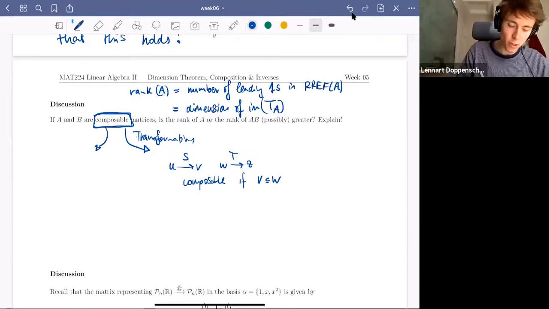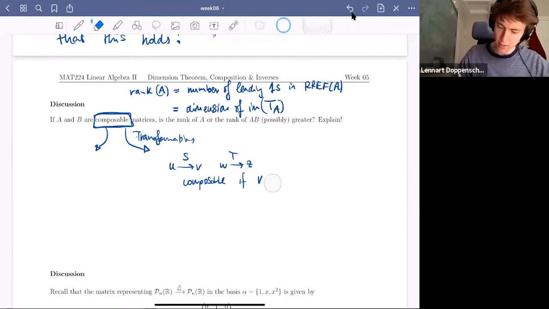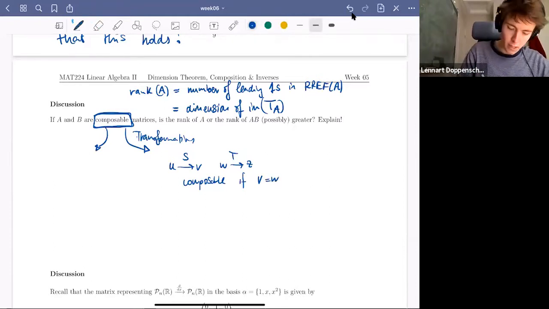And here, composable means, for this purpose, let me just say that it has to be equal.